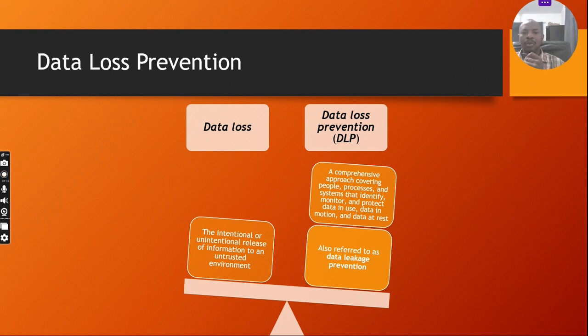So any comprehensive approach that covers the people, the processes, and the systems that identify, monitor, and protect the three states of data is known as data loss prevention. This is also known as data leakage prevention.